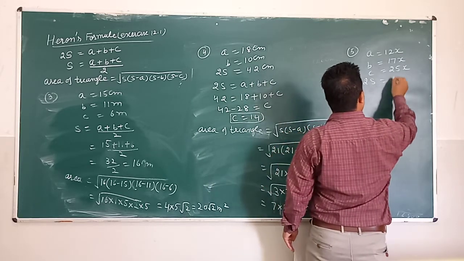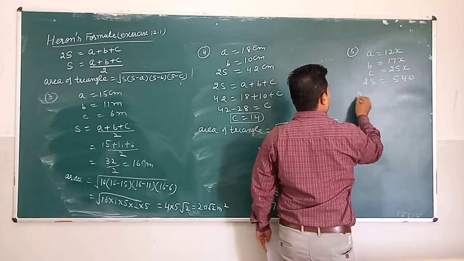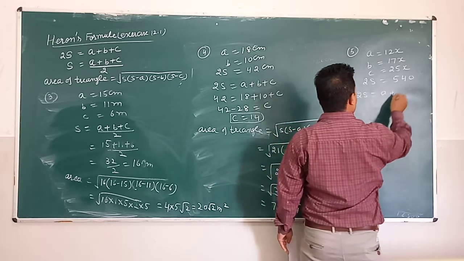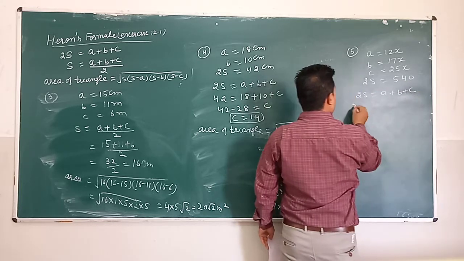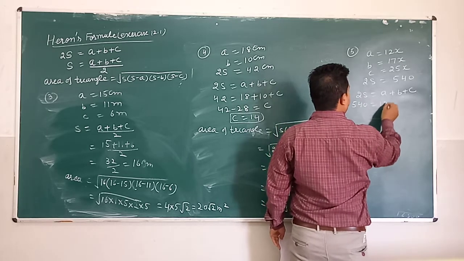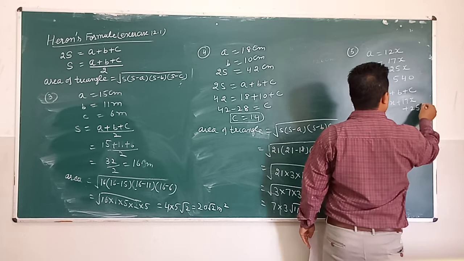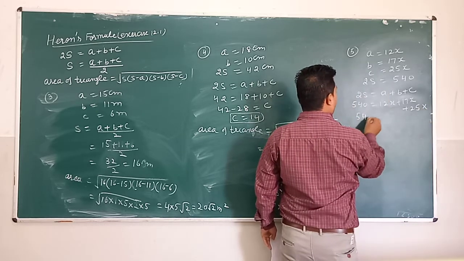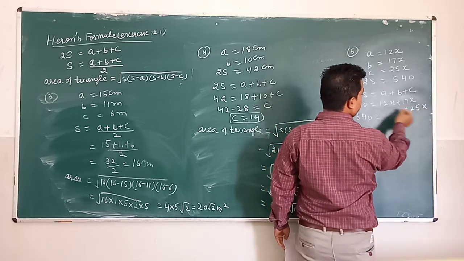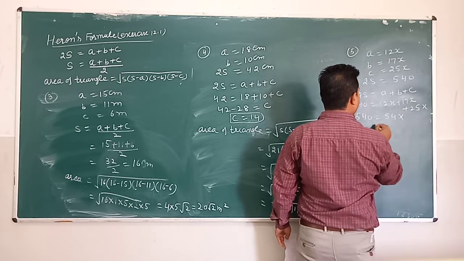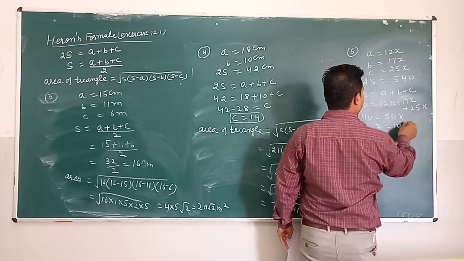So perimeter is 540. We first write 2s is A plus B plus C. 540. A is 12x, B is 17x, C is 25x. So this is 540, this is 12 plus 17 plus 25, 54x, so x is 10.